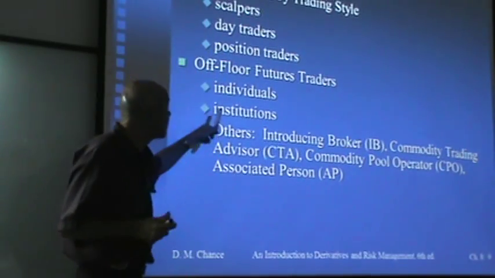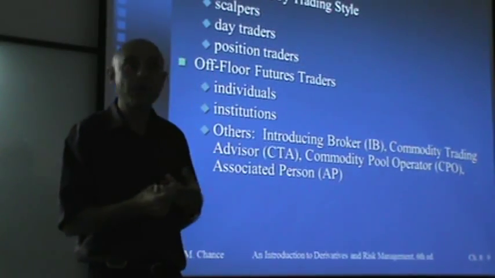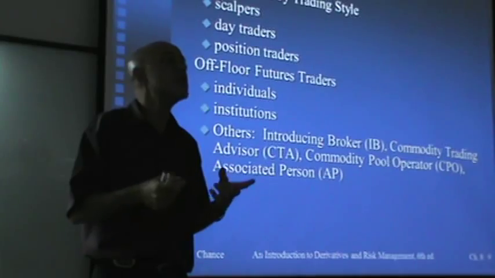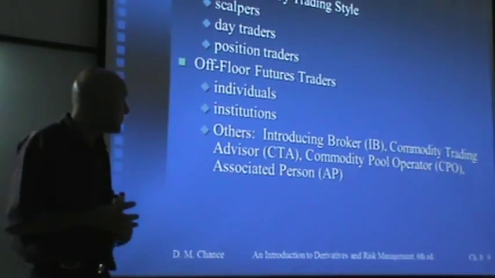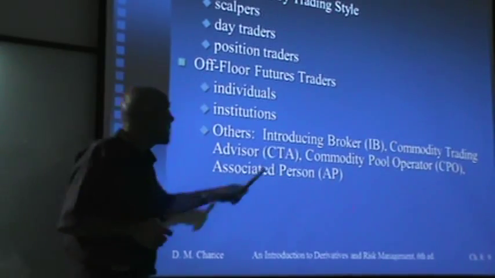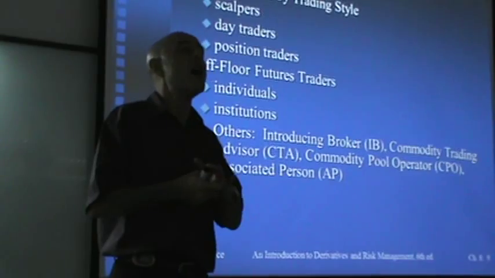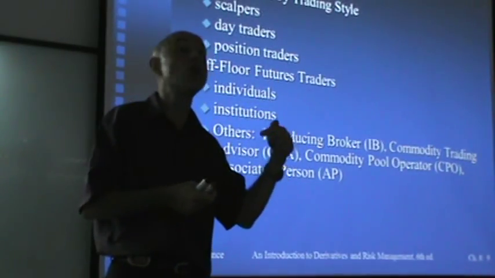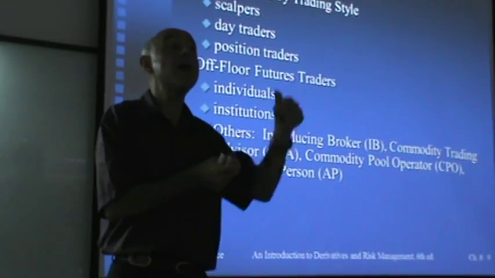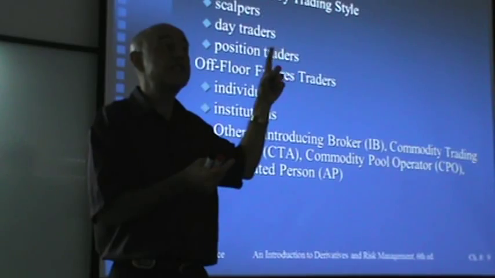So you may have, of course, institutions, pension funds, corporations, mutual funds, insurance companies, all of these will trade over there. And there are some others. Introducing broker. An introducing broker will be, for example, you contact your local broker over here, and your local broker will hook you up and will execute trades for you on, let's say, the CME.